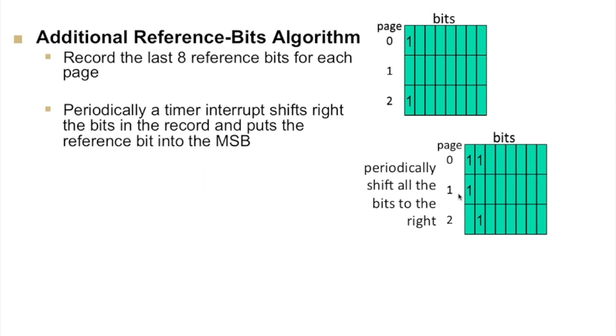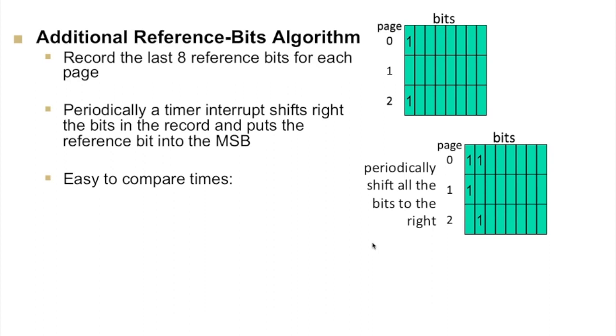As we reference pages again, we'll set that top bit. So now we have 2 bits of information. And then we can use that information to compare times. If we look, page 0 and page 1 have been referenced in the most recent time.